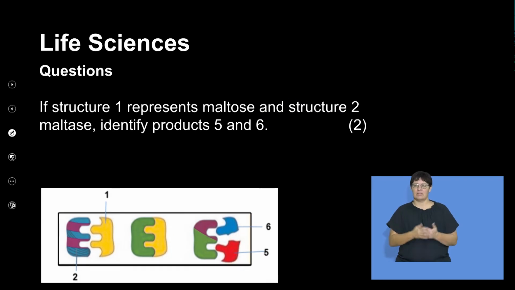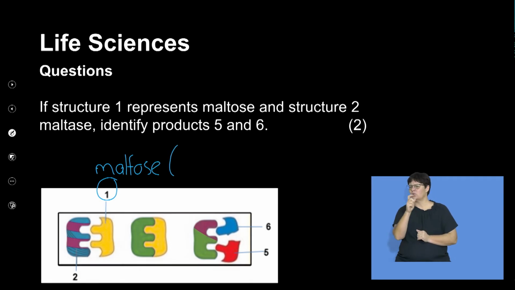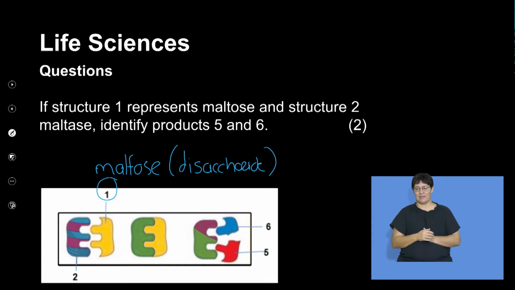Now, the next question actually is going to relate to the diagram. It says if structure 1 represents maltose. And what is maltose? It's a disaccharide. Okay, that you must know. Remember, it's part of your biochemistry. And structure 2, the green one, is maltase.